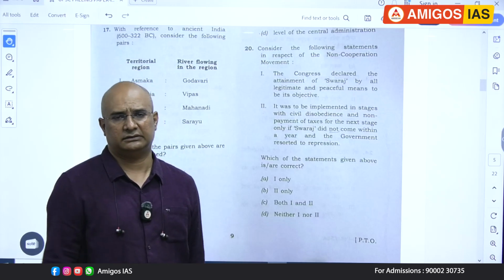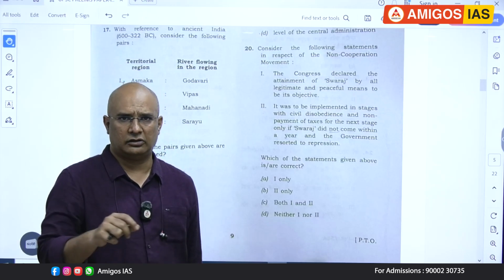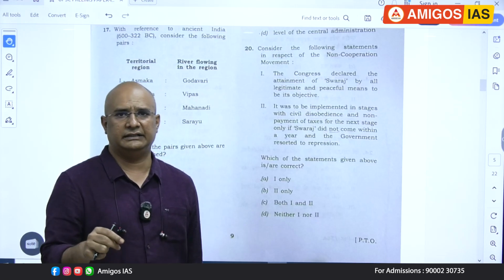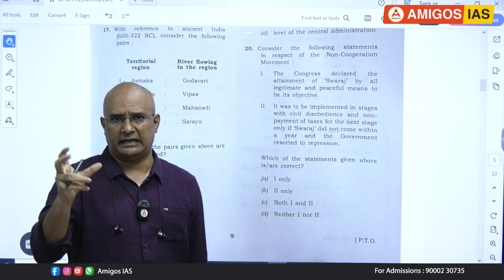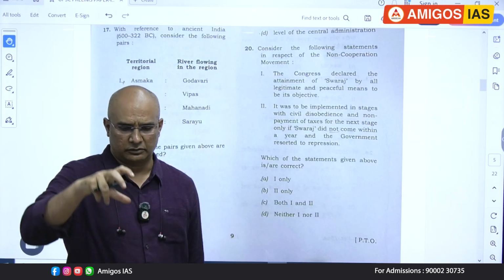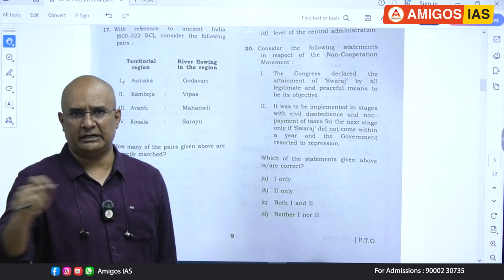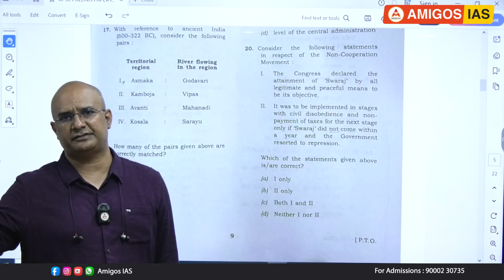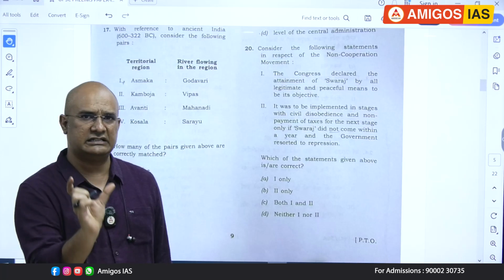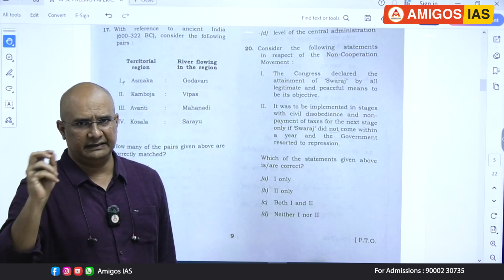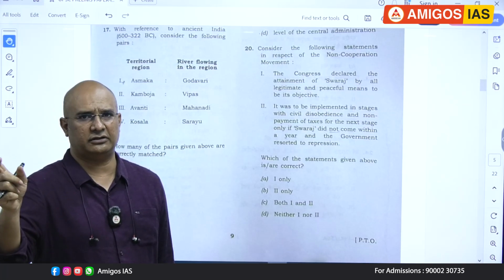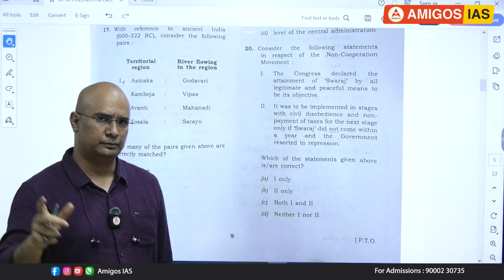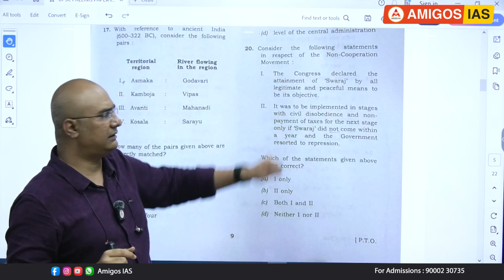Yes, because in this non-cooperation movement, there was a session that was held in 1920 in Nagpur, where Gandhi took up the Congress manifesto, the party's constitution, and he made an amendment to it, saying that instead of using constitutional means to attain Swaraj, he changed those words to legitimate and peaceful means. And he is indirectly giving an indication to the British government that I will not do violence, but I will do mass movements against you. So that's definitely a correct statement.